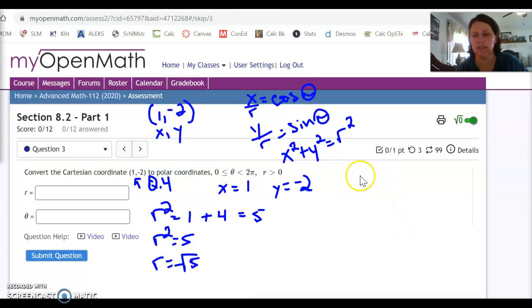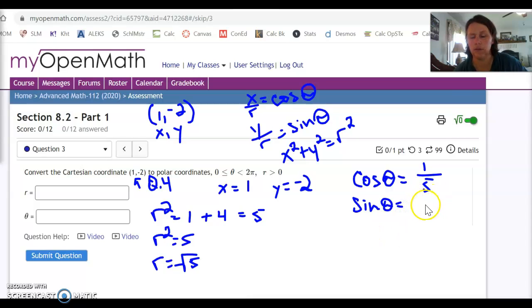Okay, so let's fill out the information we know. We know cosine theta is equal to x over r, and we know that sine theta is equal to y, which is -2, over r. Okay, and we know that we want an answer that is in quadrant 4.